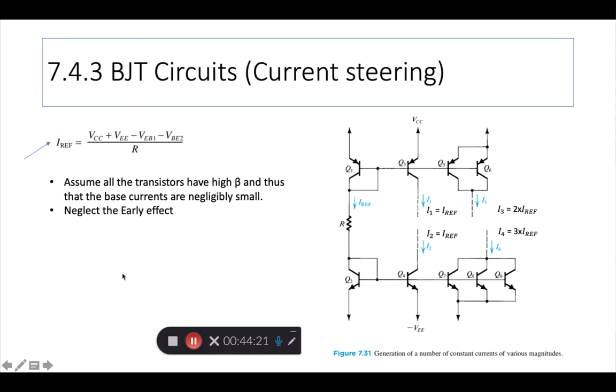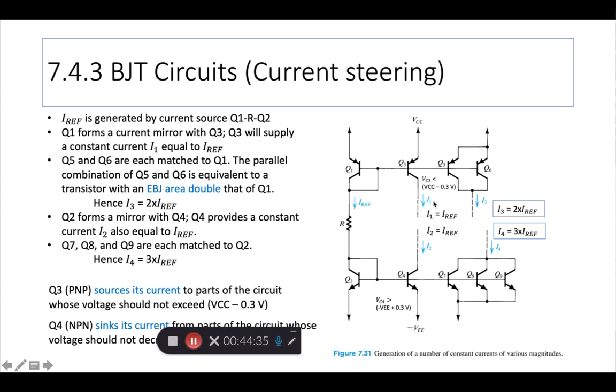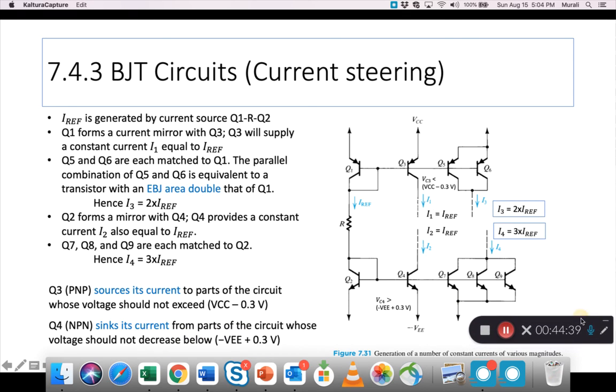So assuming all the transistors have high beta and thus the base currents are negligibly small, neglect the early effect. With these assumptions, we can walk through this circuit and see what is going on. So basically here also, similar to what we did with the MOS steering, we are creating new currents.